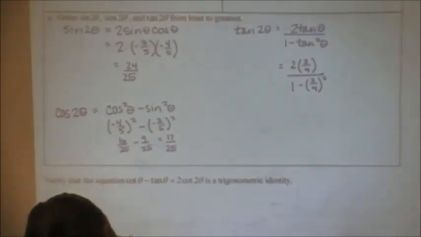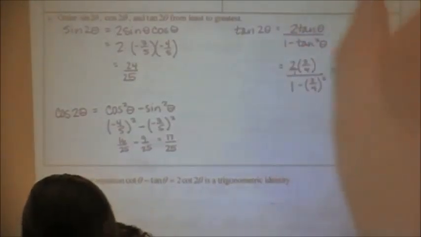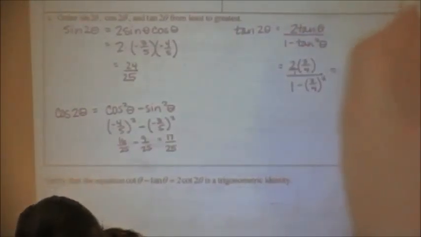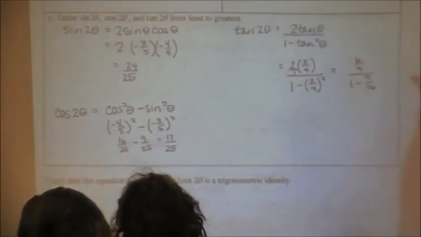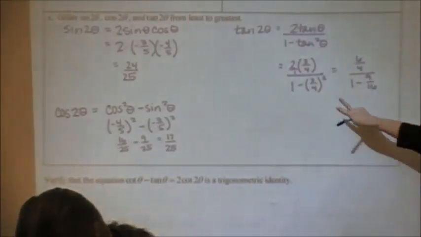Is everybody okay? Okay, so the 2 is understood to be over 1. So the top would be actually 6/4. On the bottom, I'm going to do this in several steps so I don't lose anybody. The bottom would be 1 minus 9/16. All I did just then was square this.